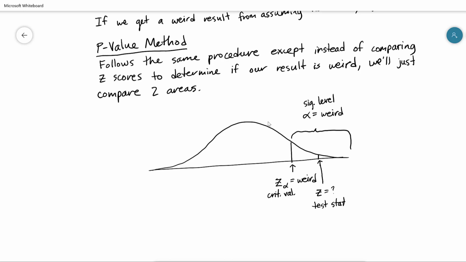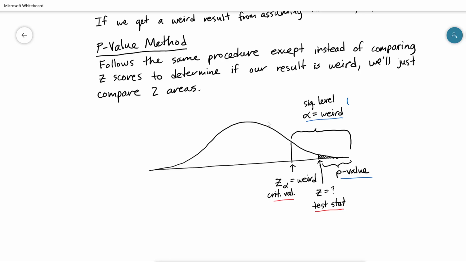And this last little area right here in this region, that area right there is what we call the p-value. So I can either compare this number and this number, the two z-scores, or I can compare this number and this number, the two areas.